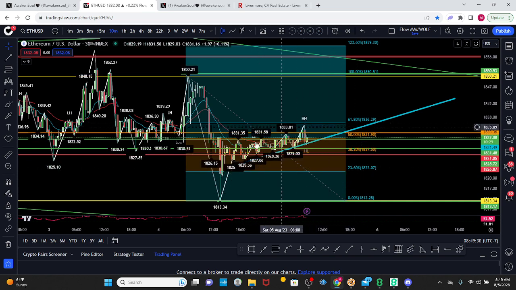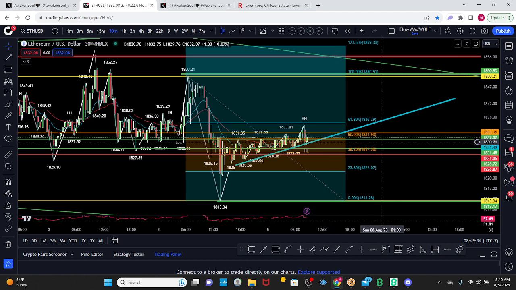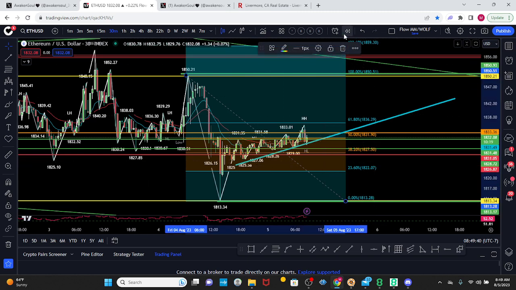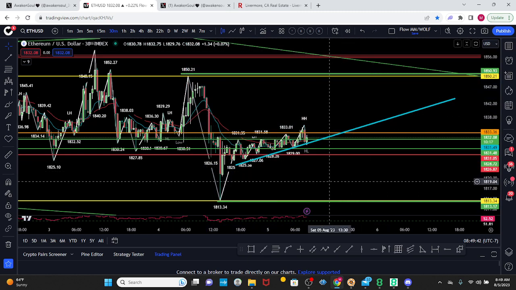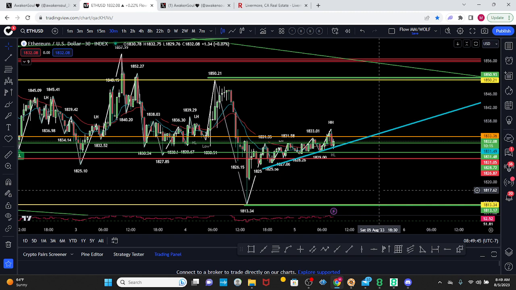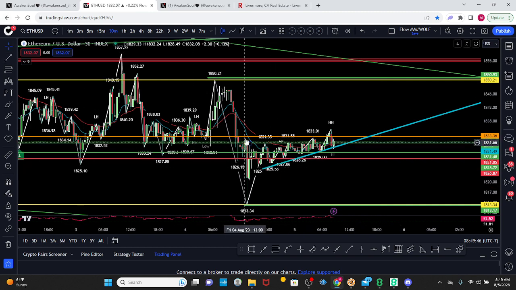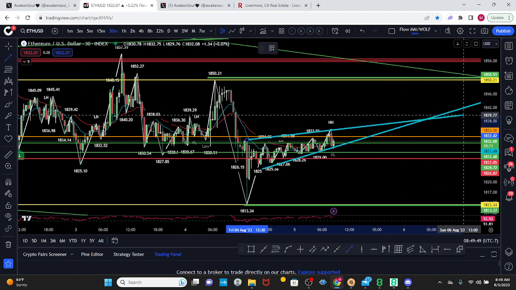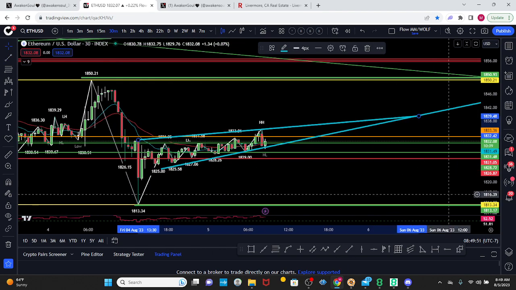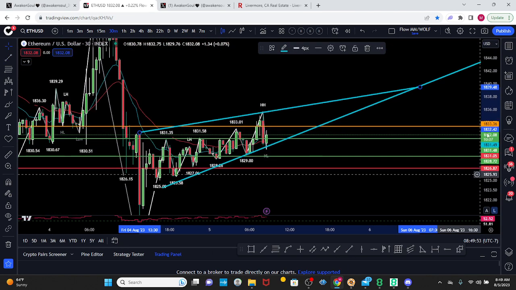In this case, it's retraced all the way to almost the 61.8. So it invalidates the bear flag. It's okay. We're just assessing everything, right? So right now, this is what I'm seeing. This is the play. This is a tight wedge that's taking place.